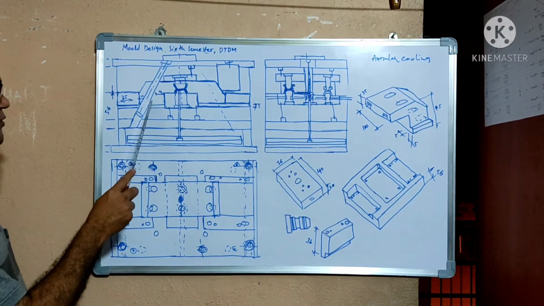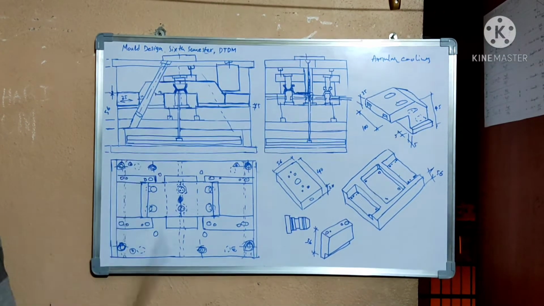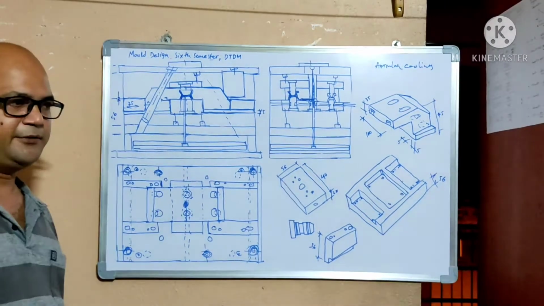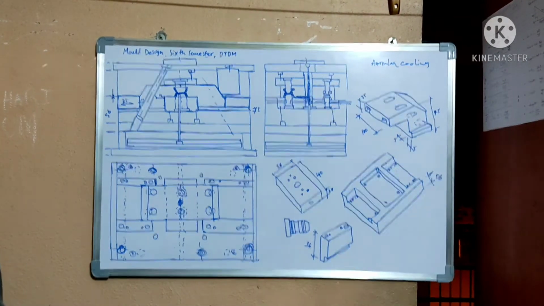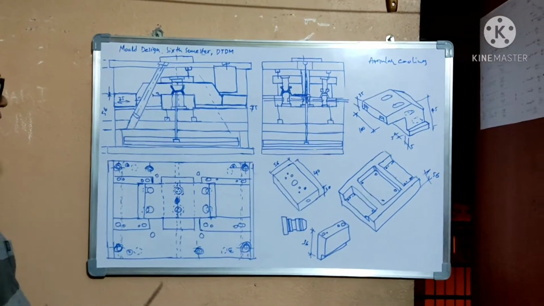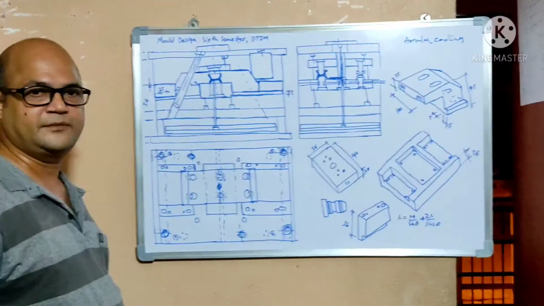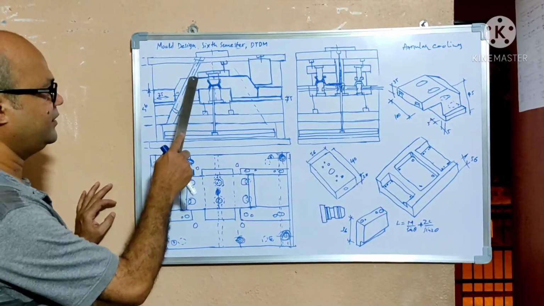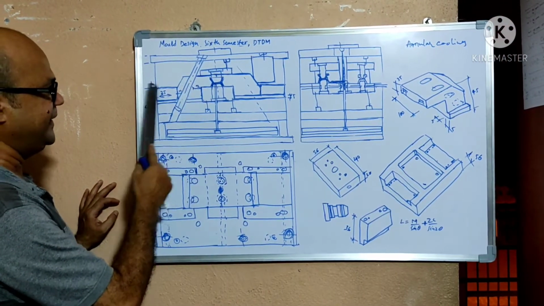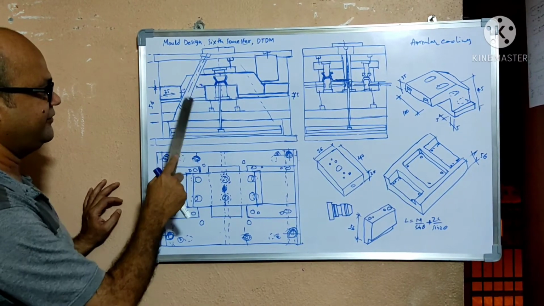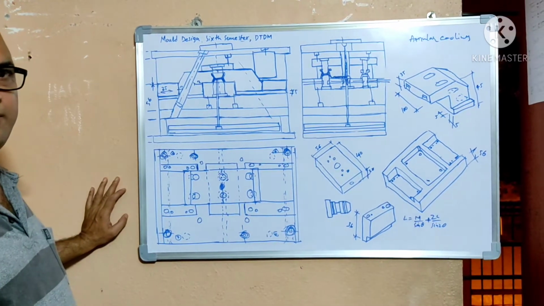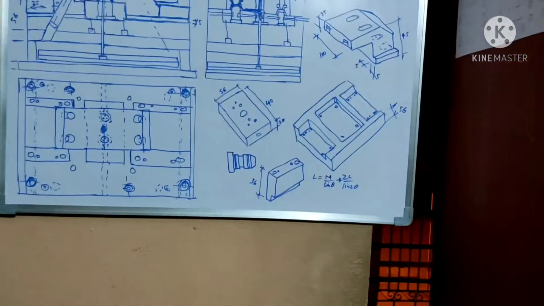Again, by using the formula L is equal to m by sin theta plus 2c divided by sin 2 theta, the movement of the split for the finger cam is given.